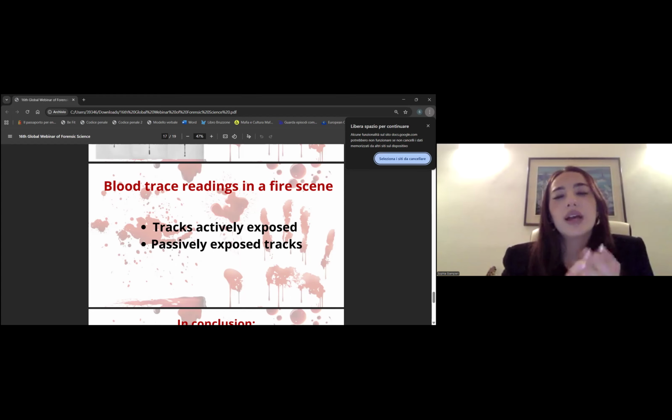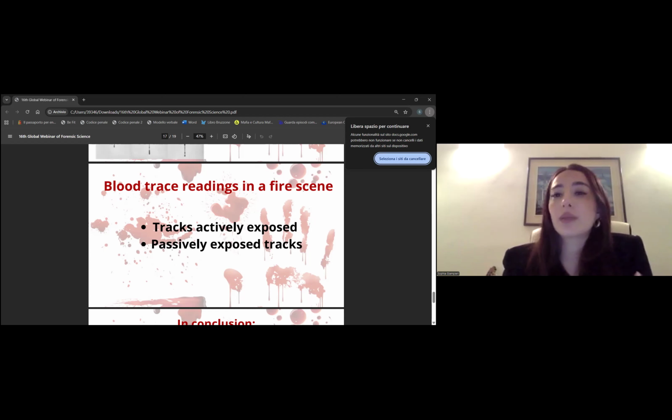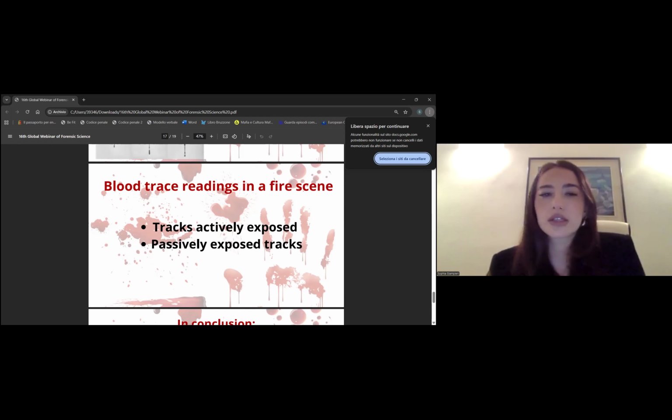However, excessive soot covering a bloodstain can cause significant interference when using chemical reagents in the recovery of this type of trace. Non-destructive optical enhancement methods are often ineffective because of the carbon layer above the bloodstain.